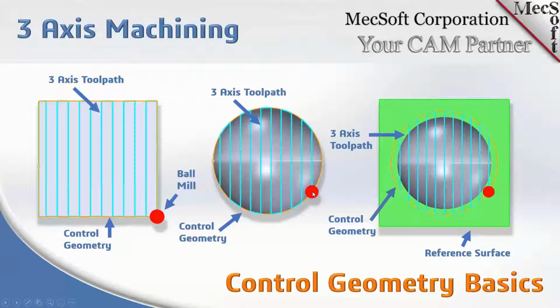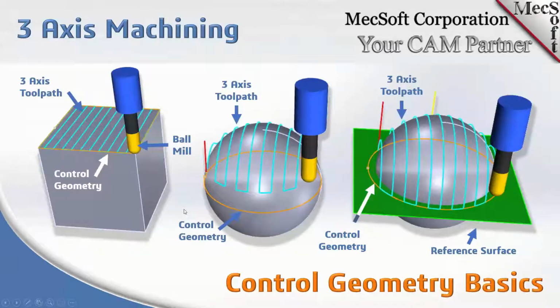You're probably going to wonder, well, this tool is not going to reach all the way down to the perimeter or parting plane of that sphere. There are times when you want to offset this control geometry outward to give the tool more room to get down around the side. So let's look at the next slide and you'll see it in more detail.